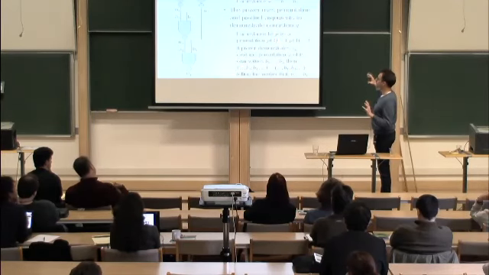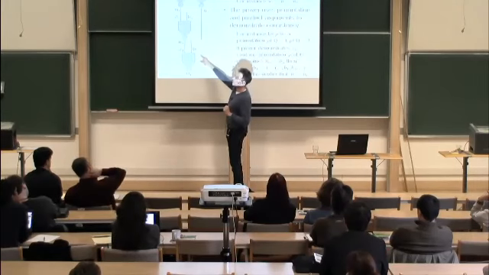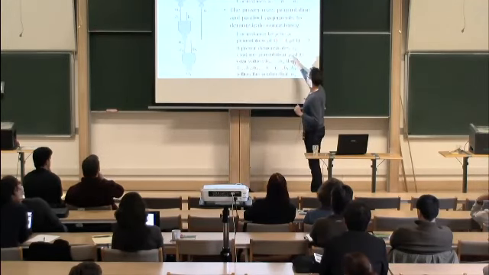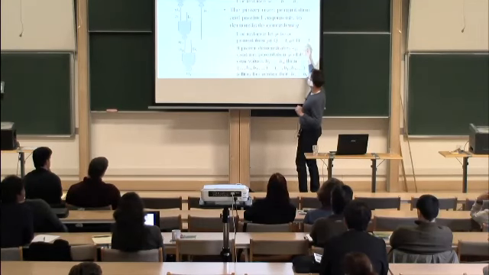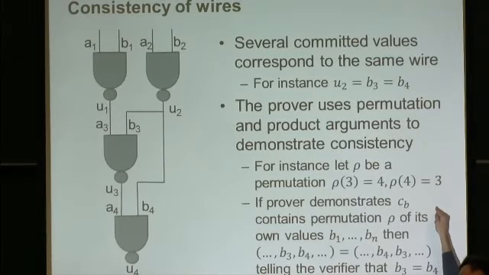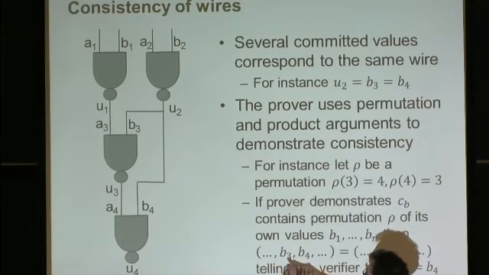Okay? So for instance, if we want to show that B3 and B4 are the same values, we would pick a permutation row that flips those 2 values. And then we'll show that CB is the same as CB permuted. What this guarantees is basically, well, here we have CB, where we have B3, B4, and other values.